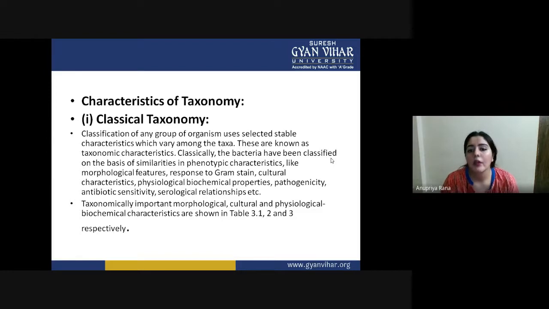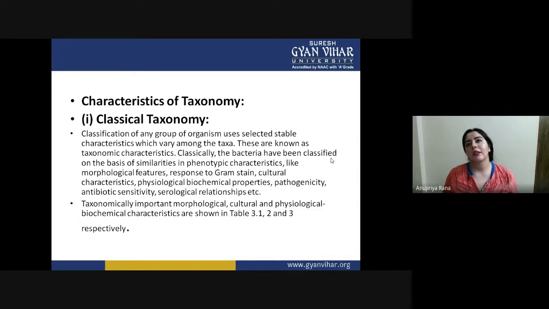So they are known as taxonomical characteristics. Classically, bacteria have been classified on the basis of similarity in phenotypic characteristics like their morphological features, response to Gram stain, Ziehl-Neelsen stain, and cultural characteristics, physiological and biochemical properties, pathogenicity, antibiotic sensitivity, and serological relationships. So these all were the parameters.